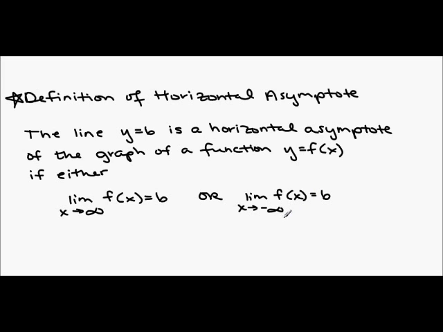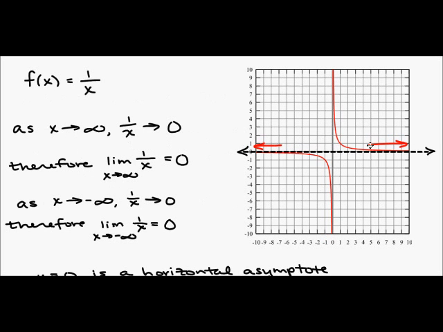So basically, if your x value approaches the large number infinity or the very small number negative infinity, and f just keeps going to a certain value, then that value, that b, is your asymptote. So back here we have y equals 0. This 0 is our b.